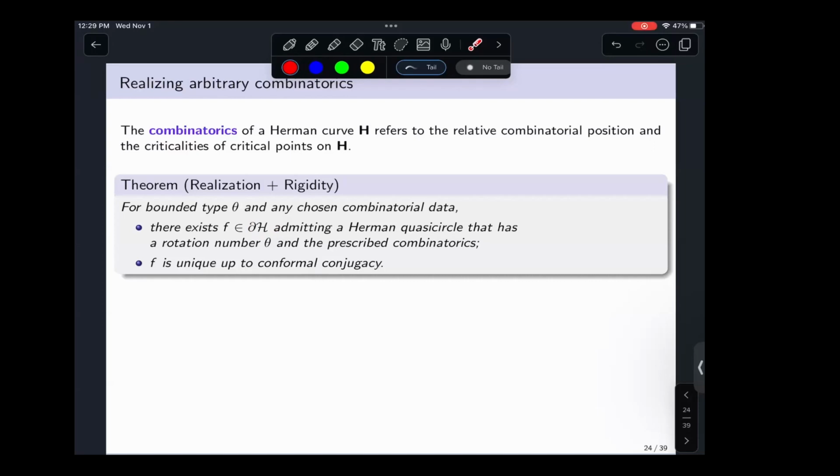And if you look at the accumulation space, then there exists a rational map that admits a Herman quasicircle. This is just a Herman curve, but I know that the curve here is regular. It has the regularity of a quasicircle, and it also has the rotation number that I chose, and also the prescribed combinatorics that I chose as well. And the second part of this theorem is the rigidity bit, where I can also say that F is unique up to conformal conjugacy.